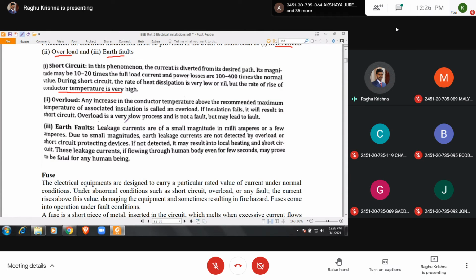So overload is a very slow process and is not a fault, but may lead to fault. Short circuit is a fault, right? Overload is not a fault, but it may lead to fault. So this is about overload.